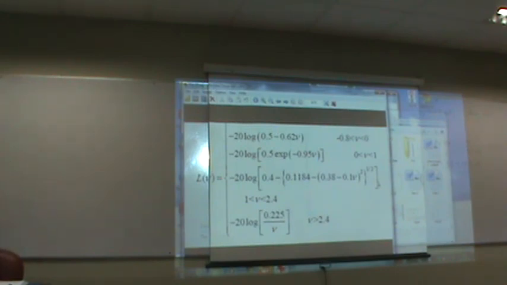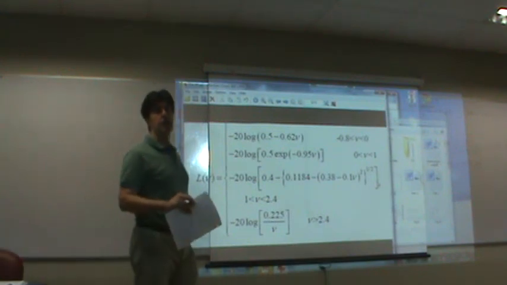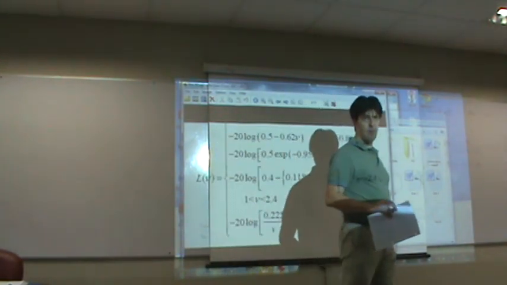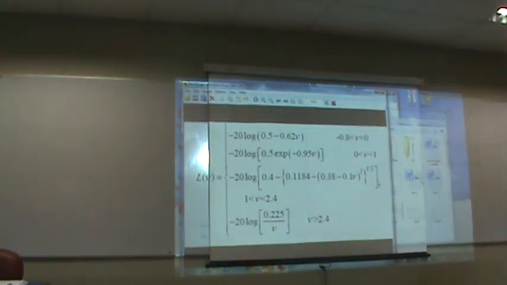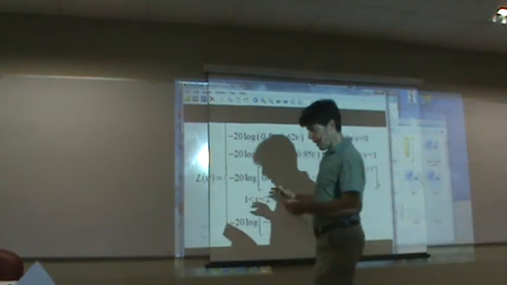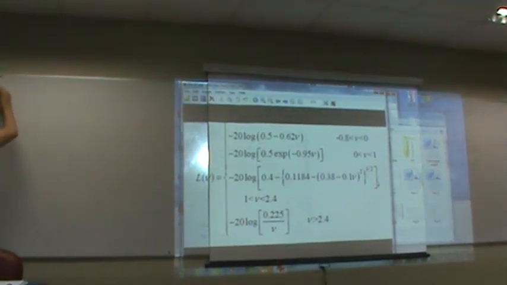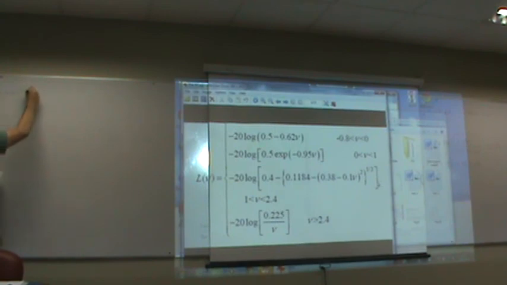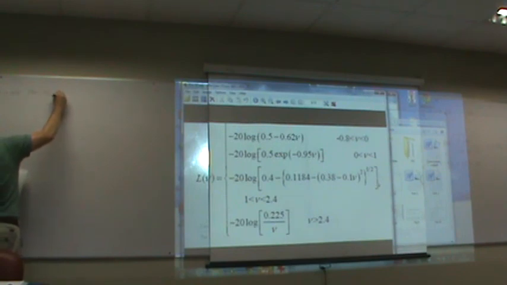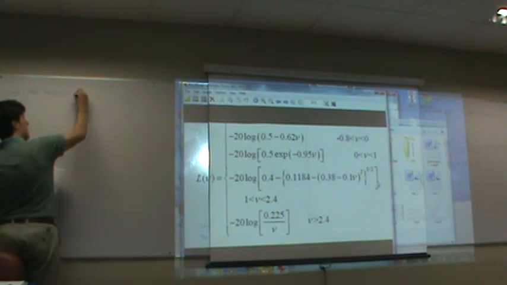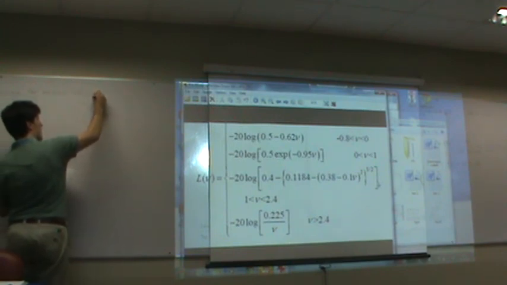Rural propagation. Now we apply the next exercise. We apply the ITU-R model using the graphics. We don't use the algorithm, but we just use the graphics that I gave you. I project the graphics for convenience. Now, the exercise is calculate the median field strength.